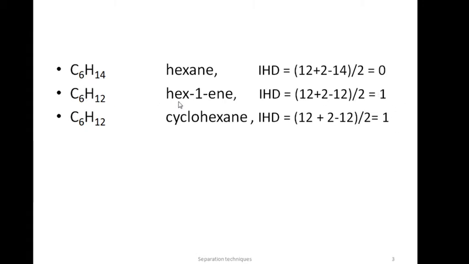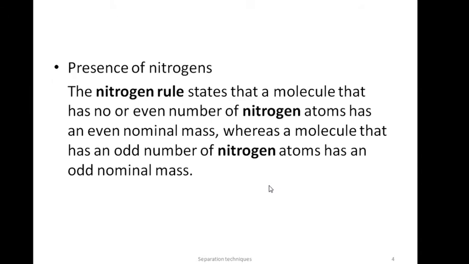For hex-1-ene, we have one double bond, whereas for cyclohexane, due to cyclization, it would have lost 2 hydrogen atoms and hence the deficiency will become 1. This is how you apply the H deficiency formula and arrive at the conclusion whether there is a double bond or a cyclic ring in it.